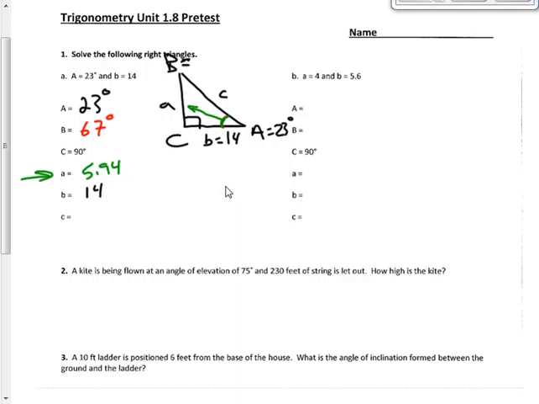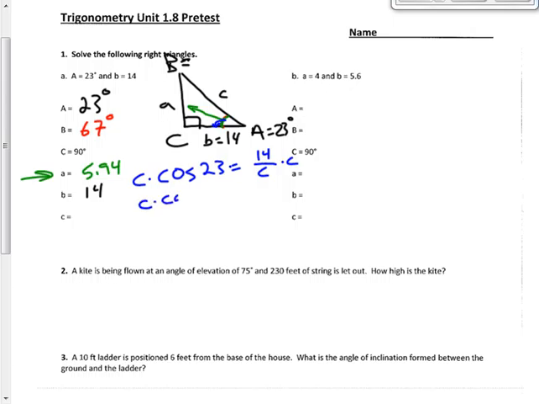And so I actually want to use the fact that I have the adjacent side here and the hypotenuse, and so I'm going to use my cosine of 23 is equal to the adjacent over the hypotenuse. It's just going to help me make sure that my numbers come out to be correct here. So I'm going to multiply by C on both sides.